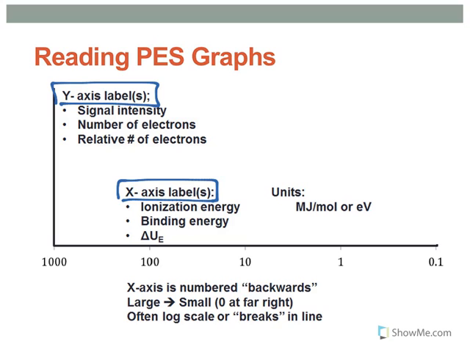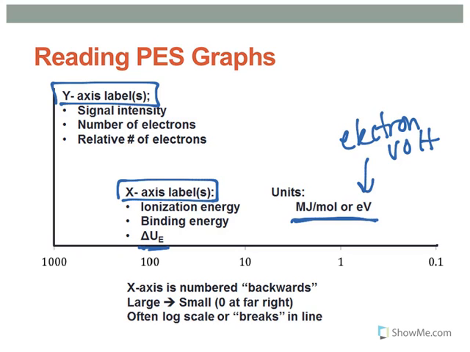And then the x-axis is going to tell us either ionization energy or binding energy, or it might have this U here to represent that binding energy. Units are going to be either megajoules per mole, or eV, which stands for electron volt. So that's another unit that we can use.